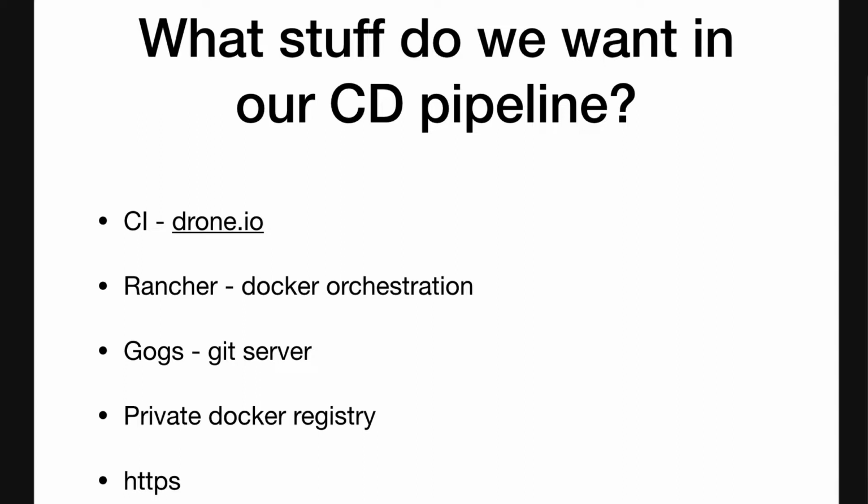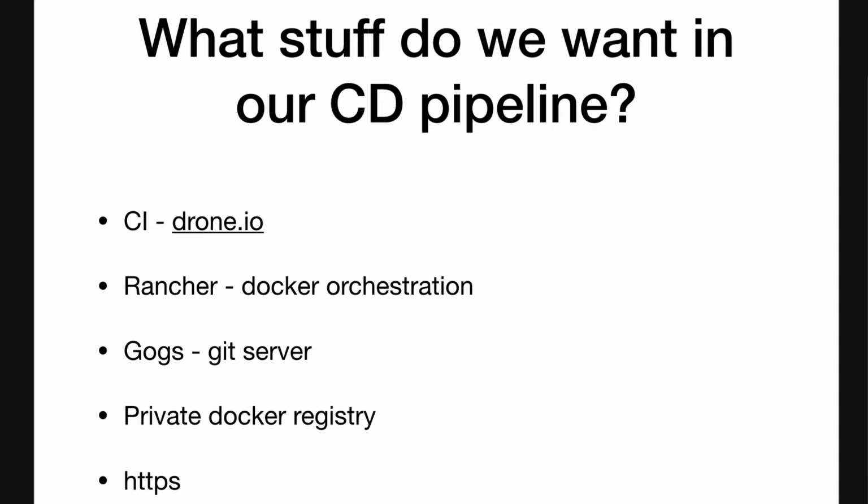We're going to need some kind of build tool, some sort of continuous integration tool. We're using Drone.io. I think it's actually just normally called Drone, but we'll look at a couple of reasons why we chose these tools in a moment.